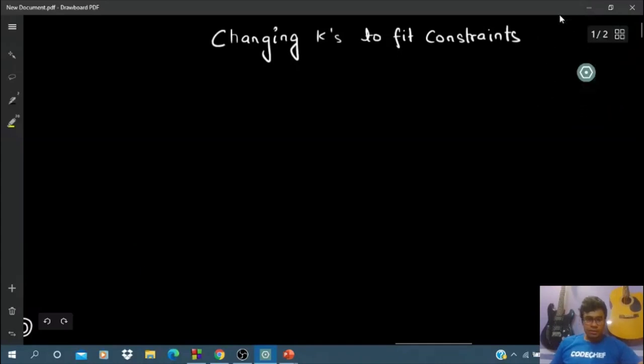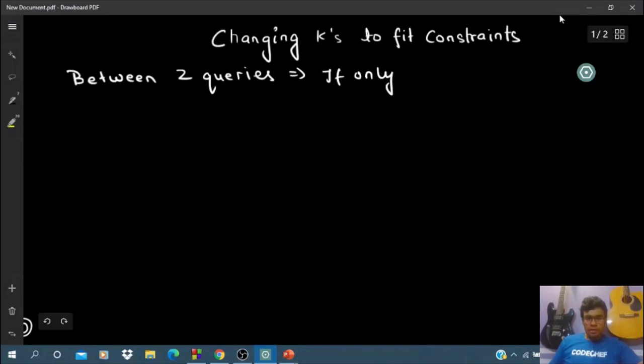The key observation we made is that between two queries, if only one bit is different, their subtraction can provide valuable information about xi.